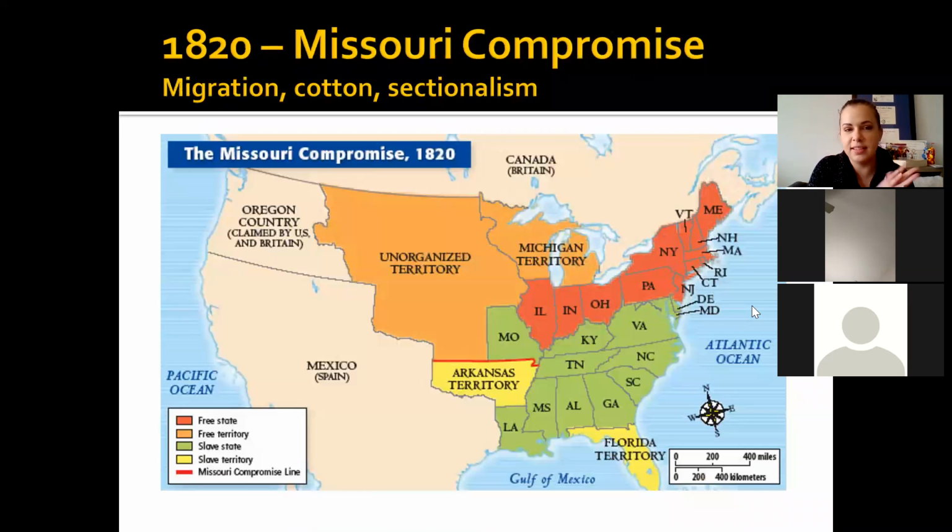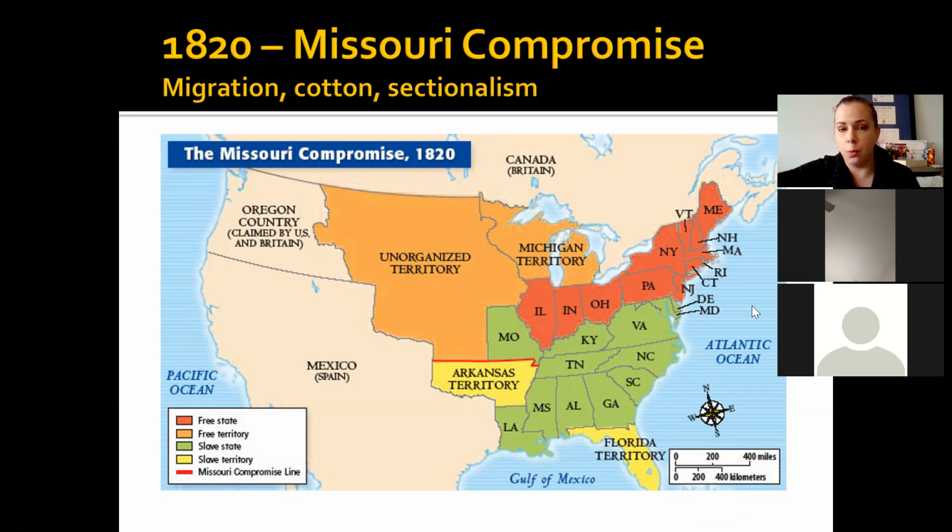Okay. And this leads us to our next significant year, 1820, which is when we have the Missouri Compromise. So as we know, with the purchase of the Louisiana Territory, American settlers are able to spread past those original 13 colonies. We are starting to slowly take over the American continent.